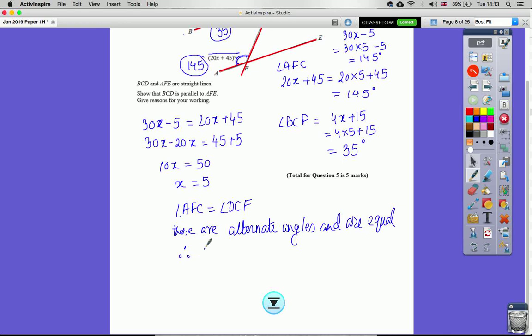Therefore, BCD and AFE are parallel. Okay, so let's move on to the next question now.